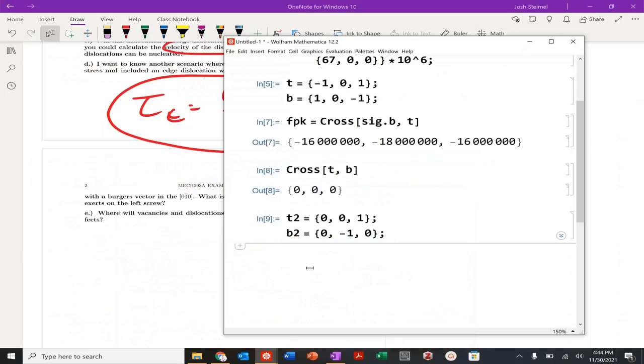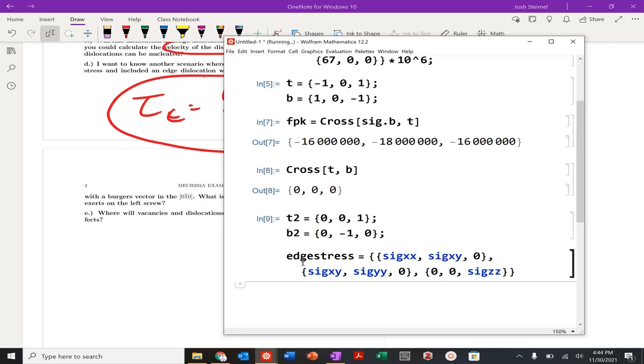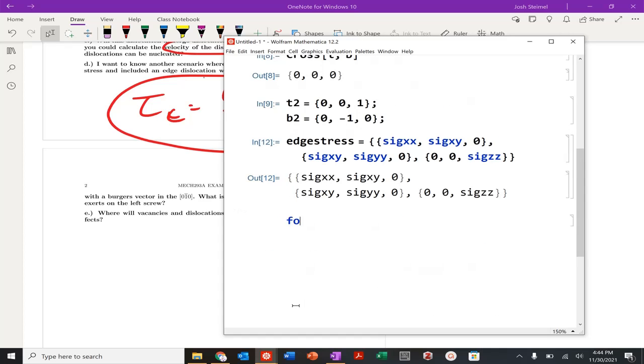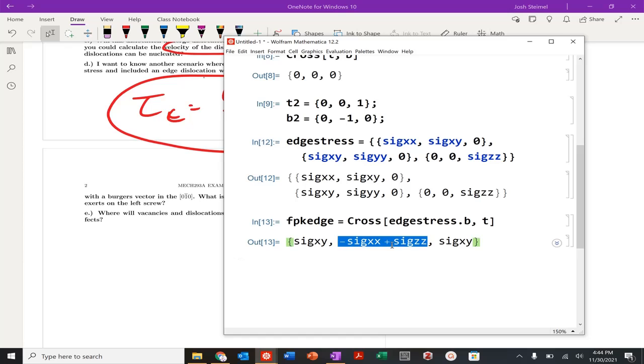So I can go ahead and find my F_PK 2 of edge on screw, which is going to be equal to the edge stress dot b, because again it's acting on that, and then I'm going to cross it with my t. And there will be your values. Excellent.